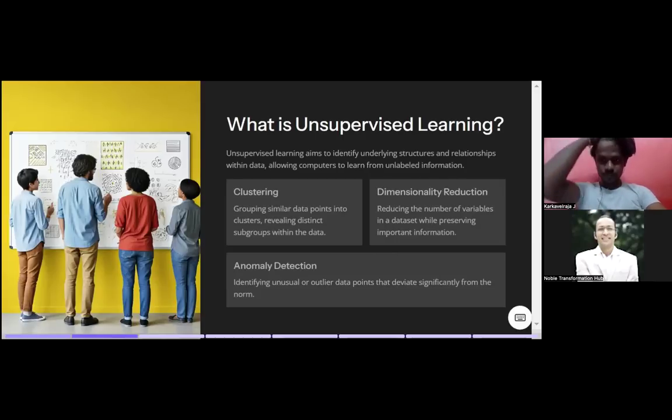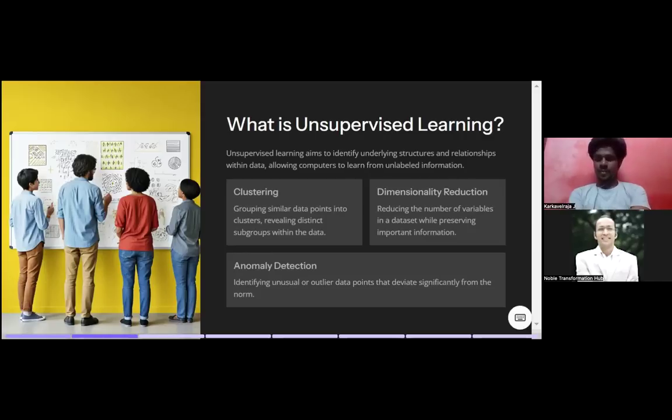Anomaly detection is identifying unusual data points or outliers that deviate significantly from the normal. In a normal distribution, whatever is near the spread is the baseline, and the extreme parts of the distribution, very far on either side, we consider anomalies or outliers.